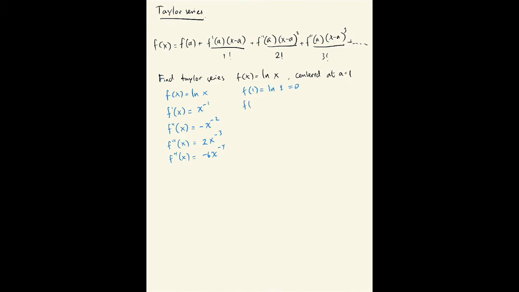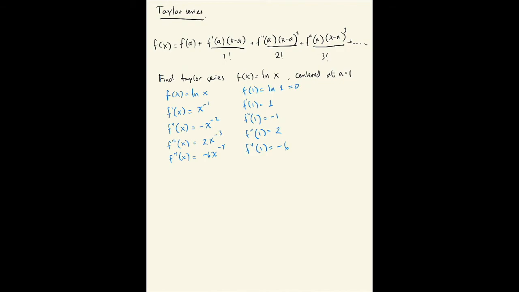It's 0. So it will be 1, right? It will be negative 1. It's 2. At least you get all these constants.